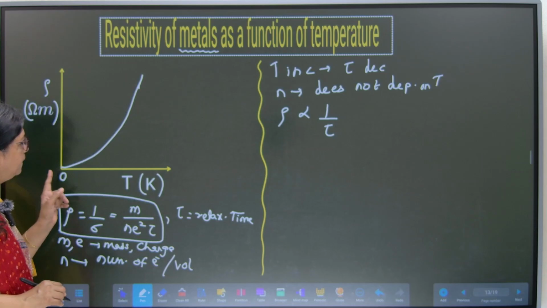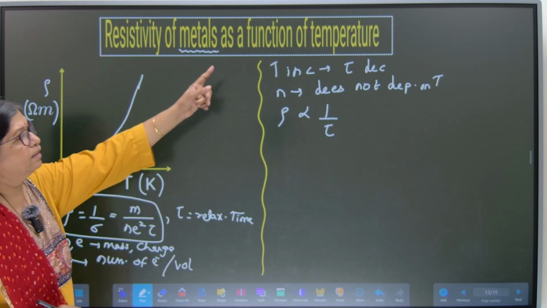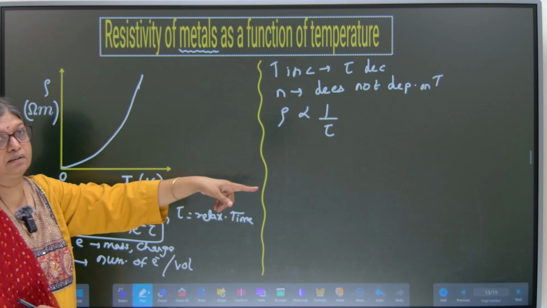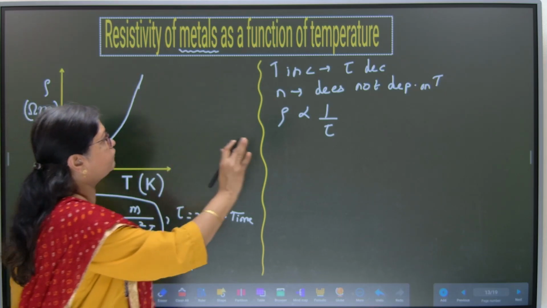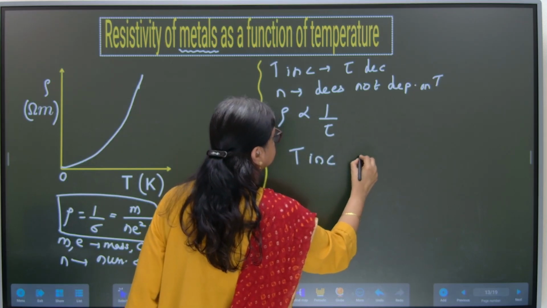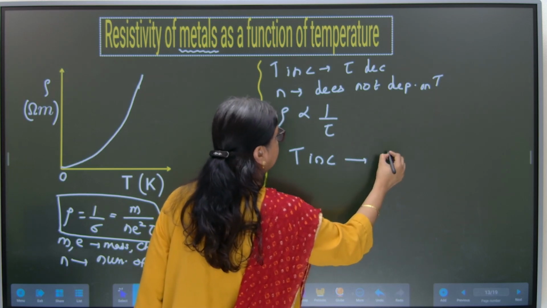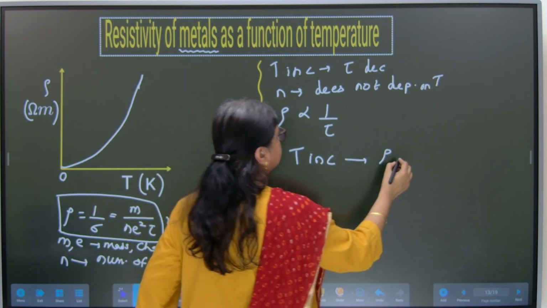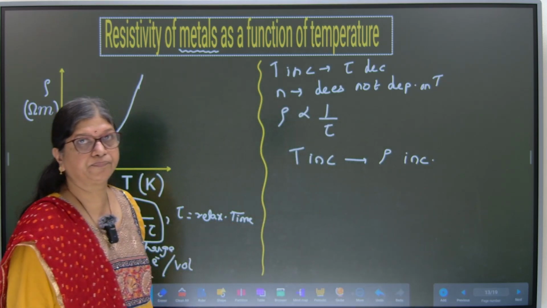As the temperature increases, tau decreases, resistivity increases. So what is our final result? As temperature increases, it implies that resistivity also increases.